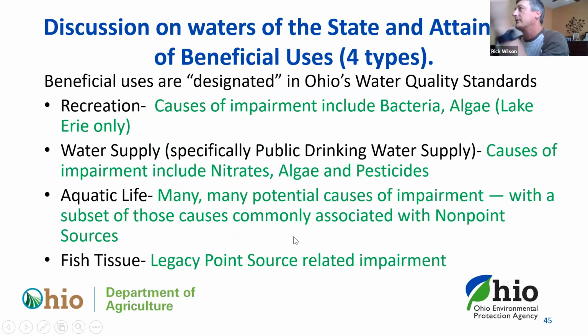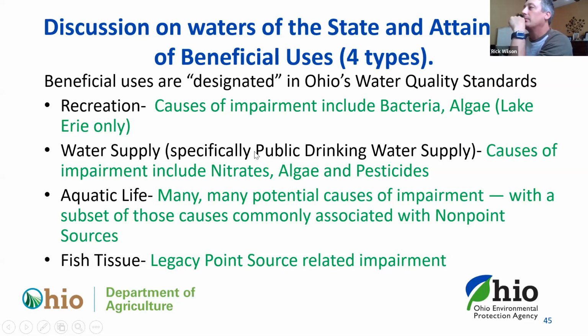Real quick discussion on water state and attainment of beneficial uses. So when this all first started, we talked about aquatic life use. There's lots of causes of impairment to aquatic life use and a lot of associated sources. That's the big one that we mostly focus on. But recreation can be impaired by bacteria or algae in Lake Erie.